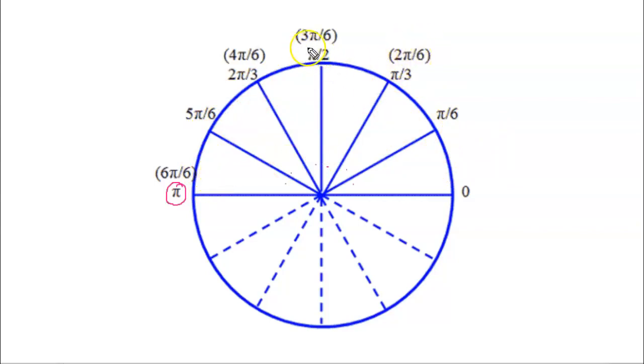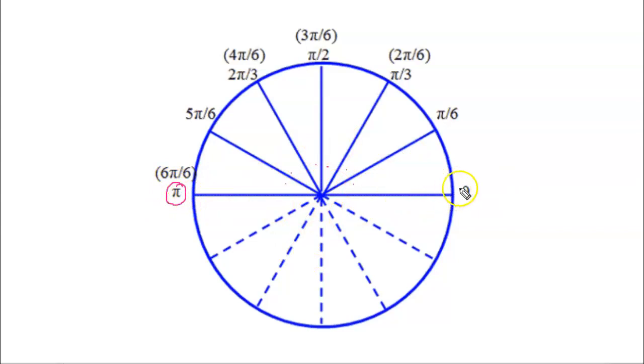Now you reduce those fractions. 2/6 reduces to 1/3, 3/6 to 1/2, and so forth. But finding these measures, I don't have to memorize anything. If I'm going to divide this into 12 equal pieces, the radian measure is just going to be 1/6 of pi for each one.